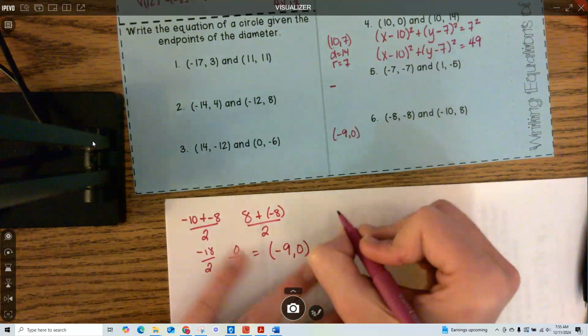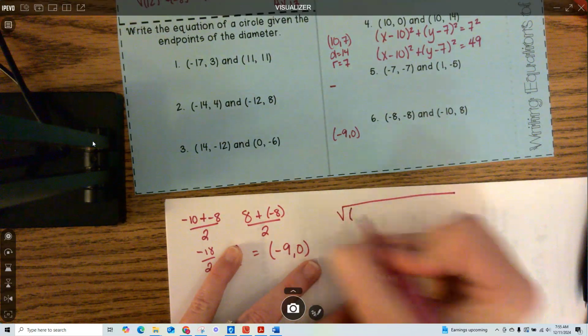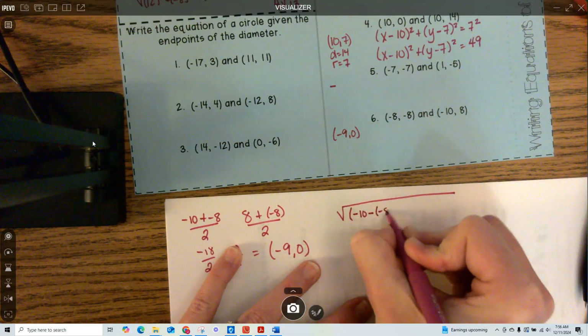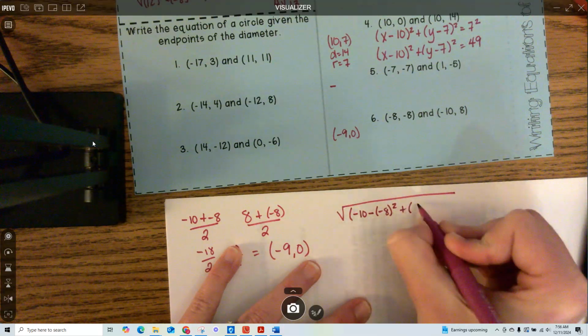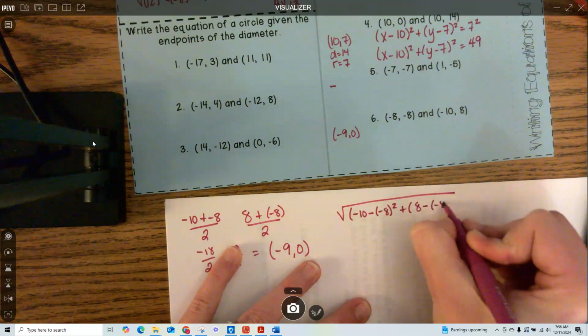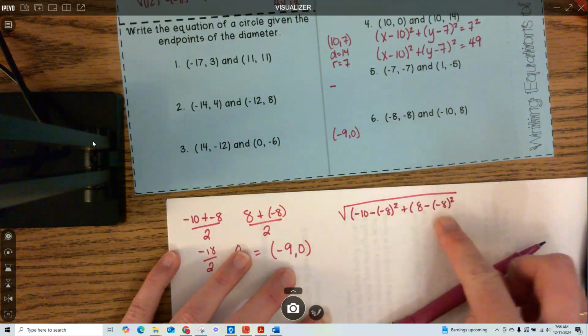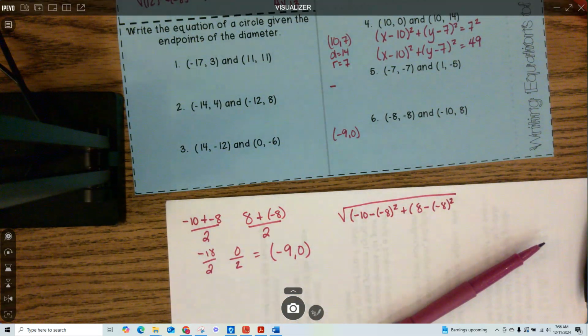Then we're going to do the distance. Negative 10 minus a negative 8, squared, plus 8 minus a negative 8, squared. I'm going to type what's underneath into the calculator.